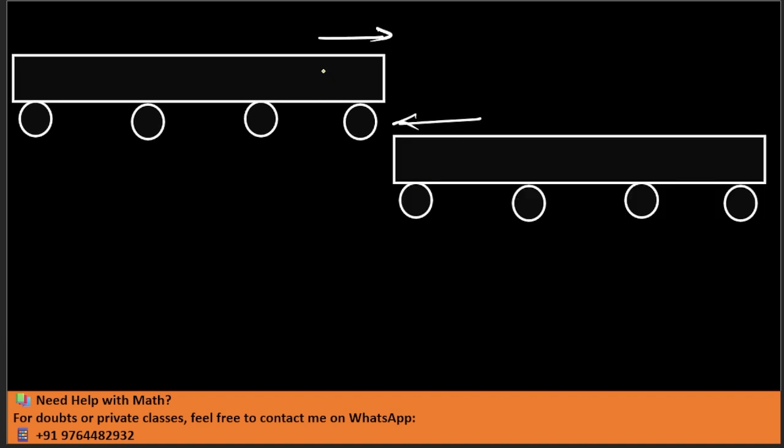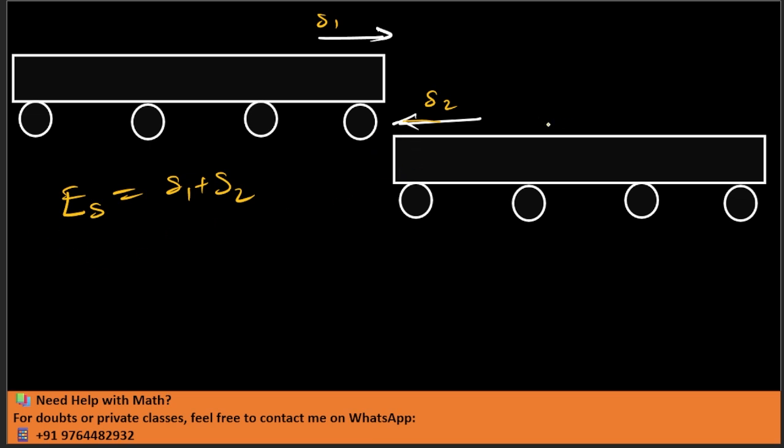Now here I have taken two trains, right? One train is crossing another train. So here, if I'm taking this train as a reference and this train is moving to this side, that means opposite to this train, so effective speed will be, I'm taking S1 and S2, then it will be S1 plus S2 because they are moving in opposite direction.